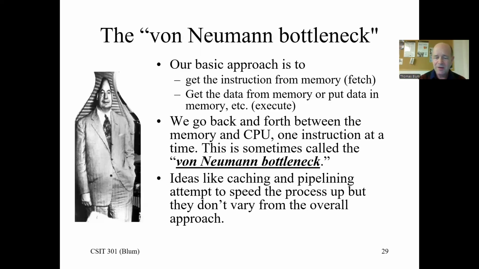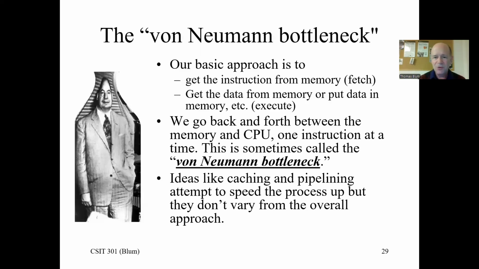And if he's going to take credit for the architecture, he's also got to take credit for the problems with the architecture, which are the bottleneck. We're going back and forth to memory, and that back and forth, one thing at a time process slows things down and is the main bottleneck of computing.